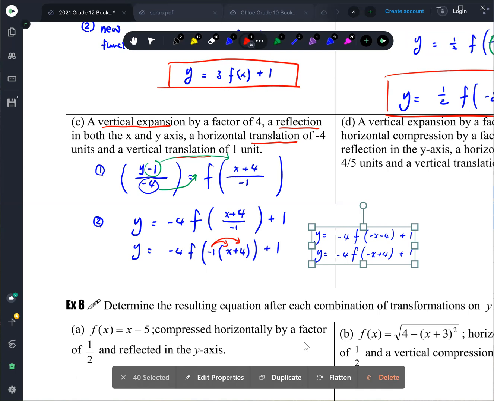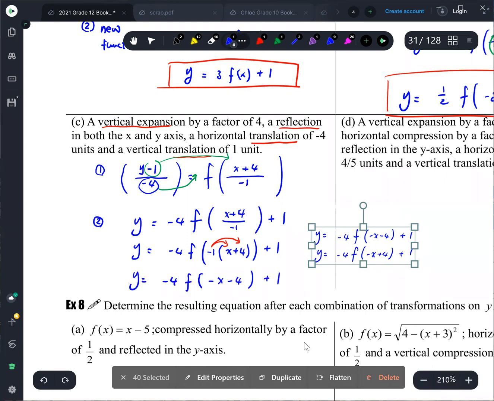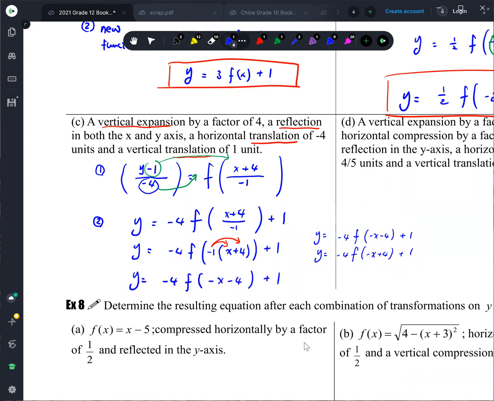Remember, if there's a number in front of it, you need to factor. So instead of factoring, we are expanding. So now you put a -4. The -1 you need to go in now. Make it -1x, or you can just write -x. And then +4 will become -4.